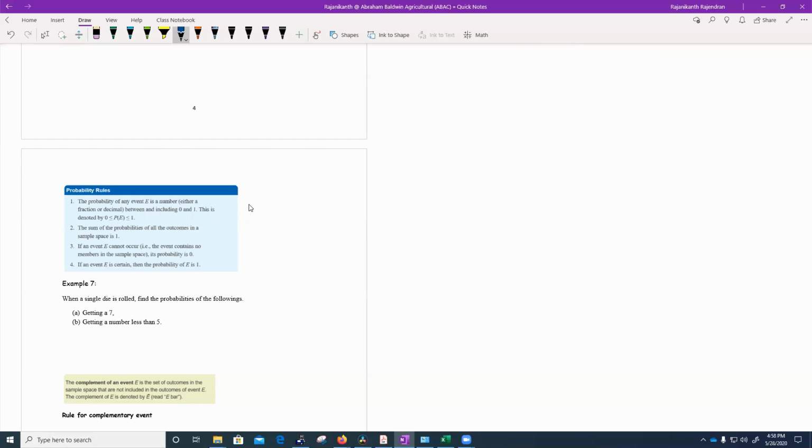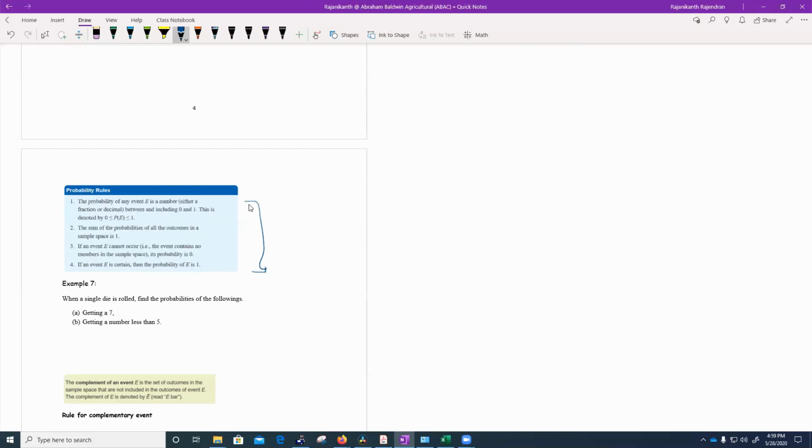So these are the probability rules. The first one: the probability of any event E, denoted by P of E, is just a number, which you could write as either a fraction or a decimal. That number is always between 0 and 1, including 0 and 1.